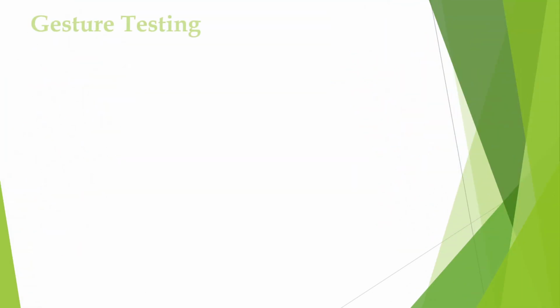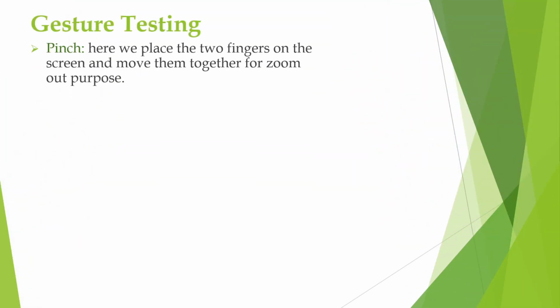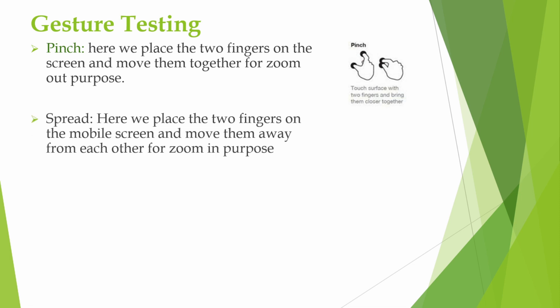Here we'll keep two fingers on the screen and we'll bring them closer. This is majorly used for the zoom out purpose. Next is spread gesture testing. Here we will place two fingers on the mobile screen and we'll move them away from each other. This is majorly used for the zoom in purpose.